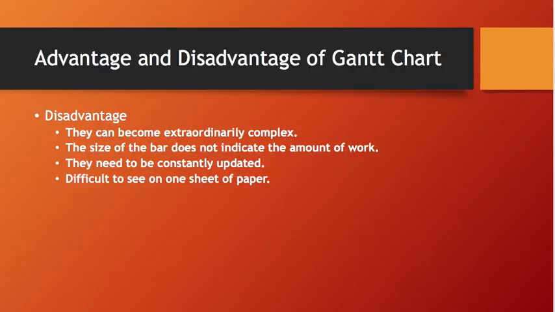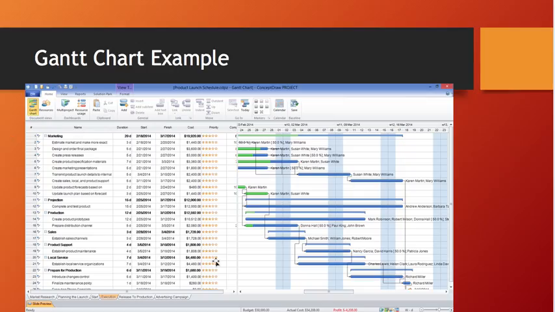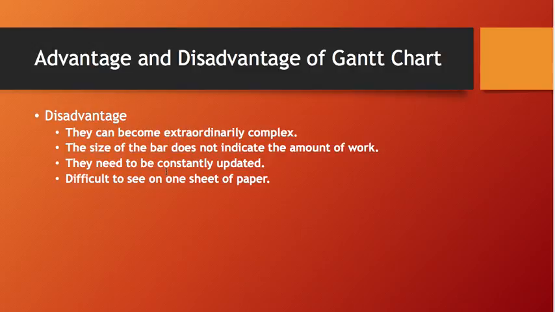As you can see, this is an example of a project that has been done. It is very complex to create this huge project with a Gantt chart, so it is somewhat of a disadvantage because there are too many colors and too many dates going on. If we move one, the whole project is going to move. The size of the bar does not indicate the amount of work, which means if people have slack or something happens, it cannot be identified by that.